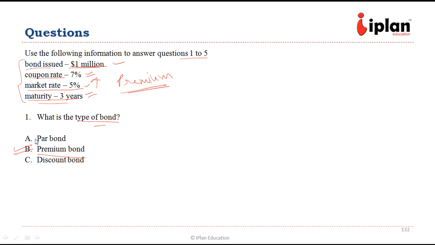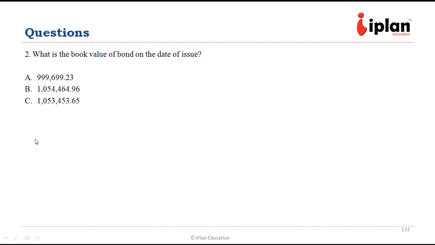Let us look at question number 2, which says what is the book value of the bond on the date of the issue. So we know that the number of years is 3 years. Coupon payment is 7% of 1 million. Then future value is $1 million.